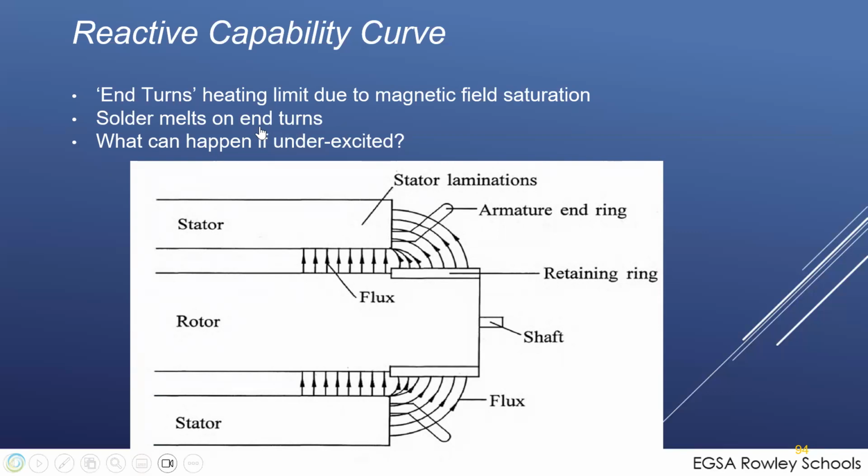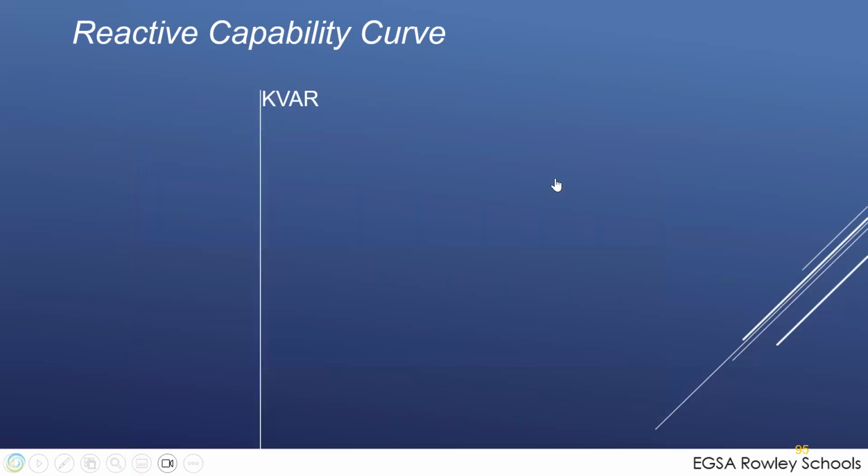So the solder ends up melting, and I've actually seen them where I saw a picture recently on the Facebook Genset Tech page that showed a picture of a winding, just one black winding all the way around the intern of the machine. And that was due to overheating of one phase. It could be caused by a load imbalance, but it could also be caused by the underexcitation on that one.